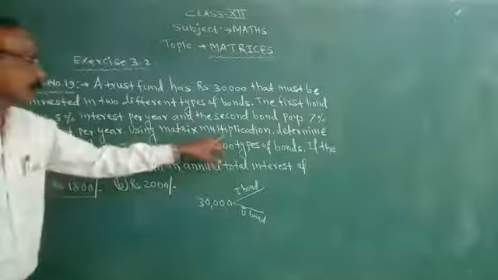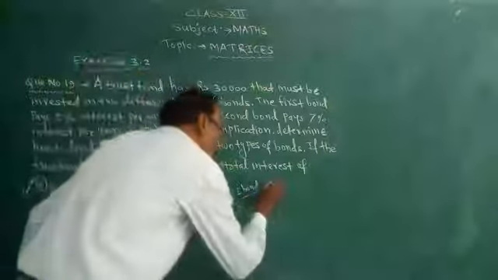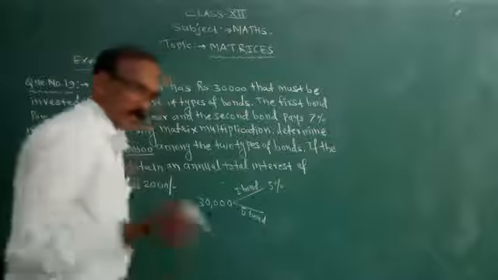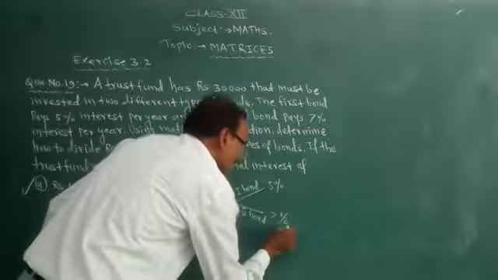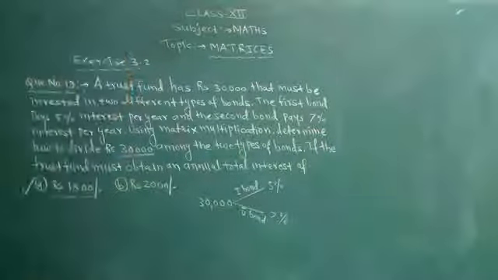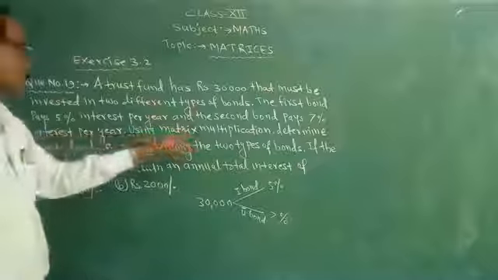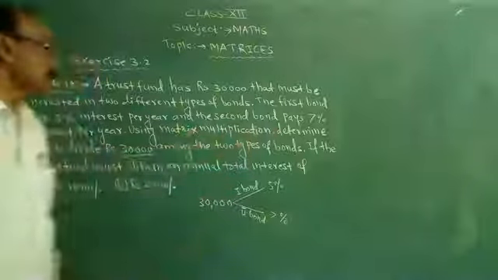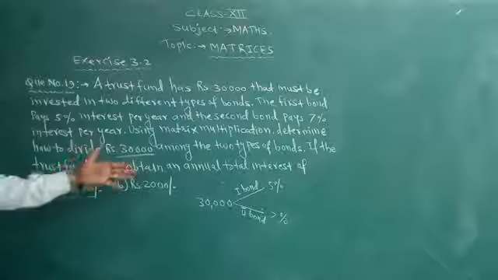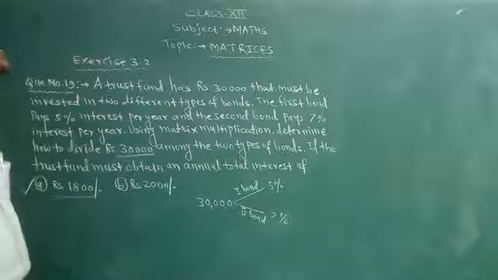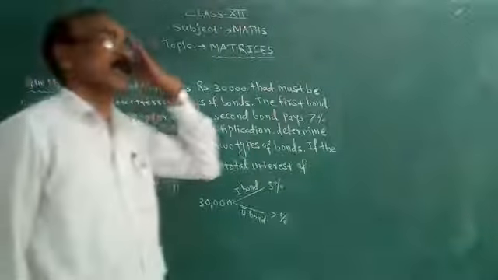Using matrix multiplication, the first bond gives 5% interest per year, second bond gives 7% interest per year. So using matrix multiplication, determine how to divide rupees 30,000 among the two types of bonds if the trust fund must obtain an annual total interest of rupees 1800.